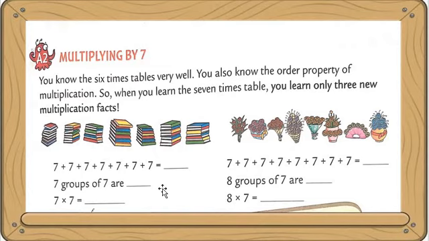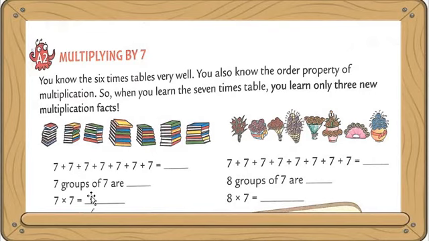Here are the books, and there are 7 groups, and each group has 7 books. So 7 plus 7 is 14, 14 plus 7 is 21.